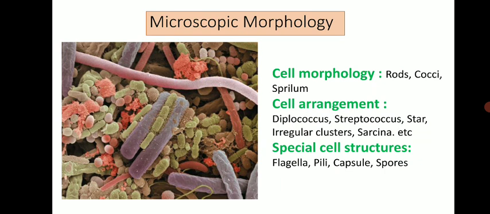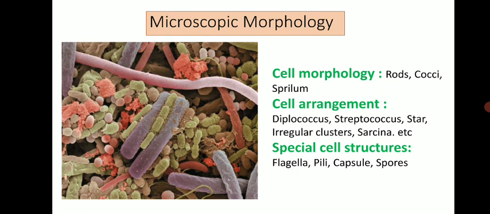We have to use some magnifying devices or aids to observe microbes, and for that we use a microscope. By using a microscope, we get a fair clue about cell morphology as well as cell arrangement as well as special cell structures. In case of cell morphology, we can detect whether the bacteria is rod shape, or coccus shape, or spiral shape.